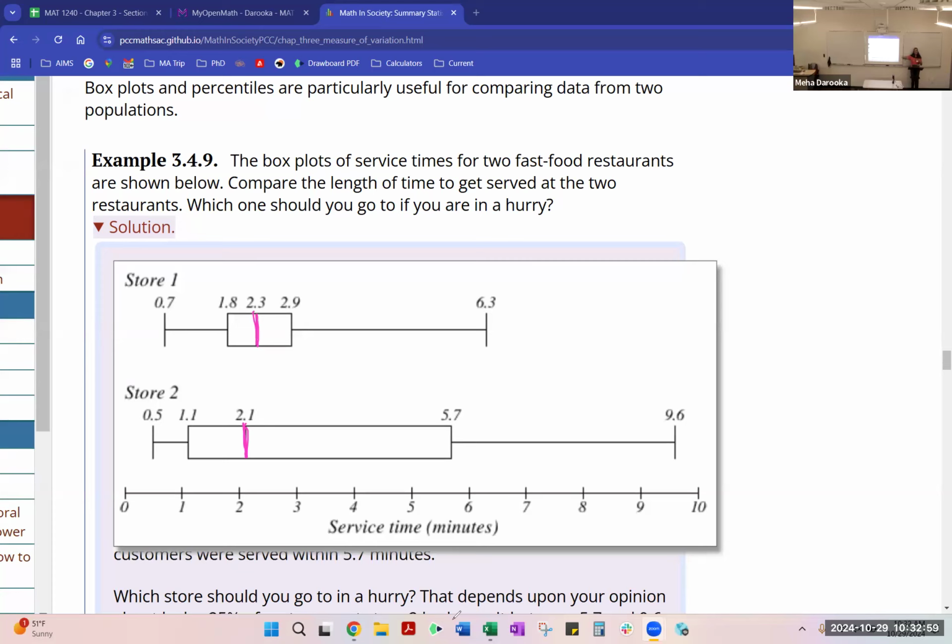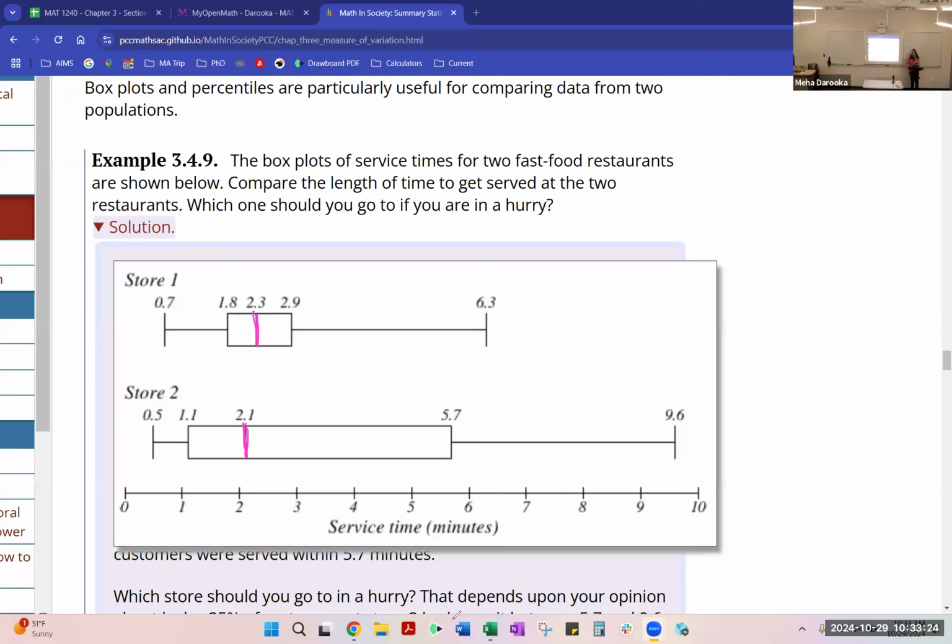But again, it begs the question: was that one of those odd anomalies where one order for whatever reason ended up taking longer? We talked about outliers. Or are we saying most orders are pretty quick, but there are times where they're still taking that longer amount of time to get the orders done? Because 9.6, that's almost 10 minutes.